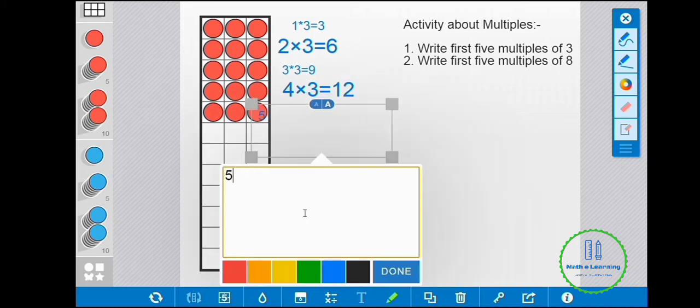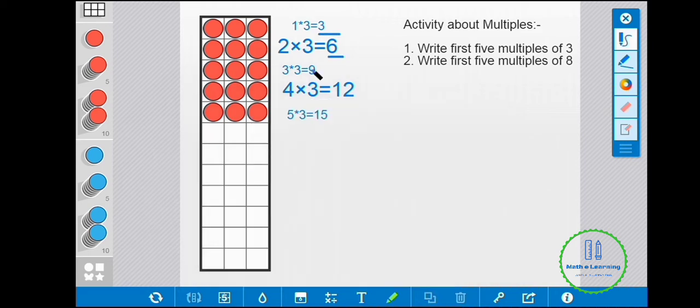Yes, now count the number of rows. Yes, there are 5 rows. And total number of columns. Yes, there are 3 columns. So 5 multiplied by 3 is equal to, yes, 15.